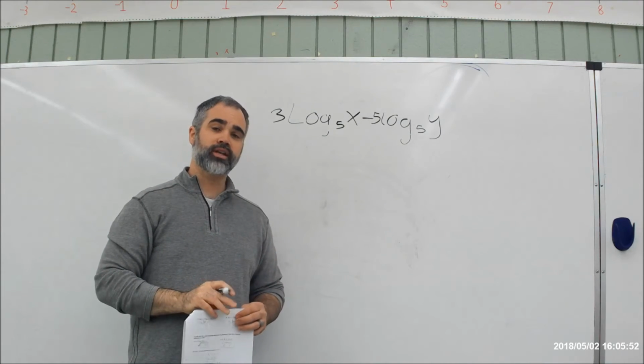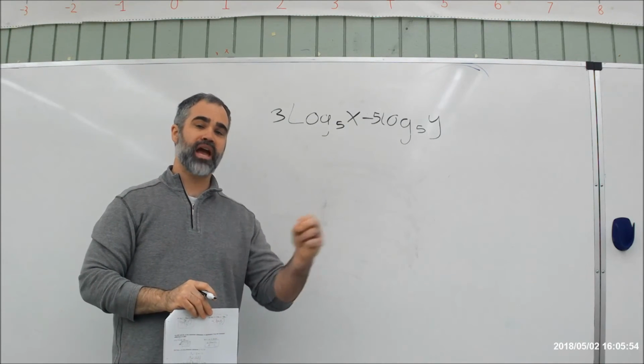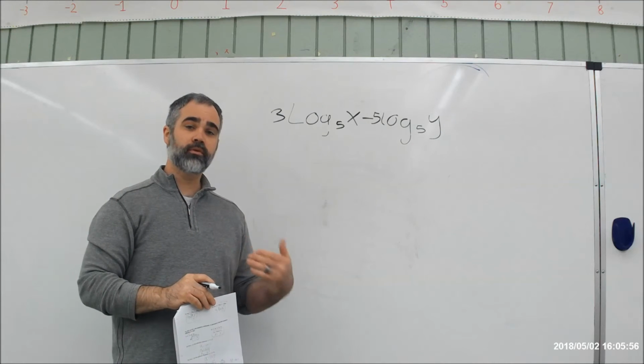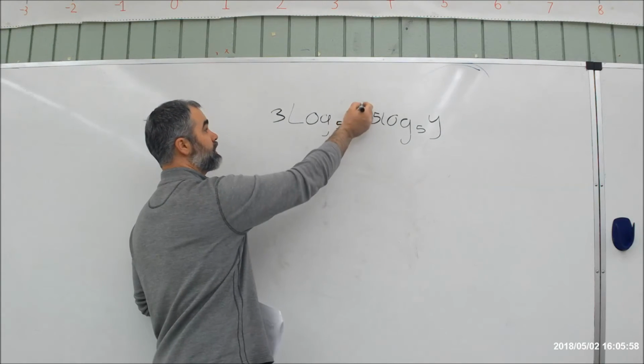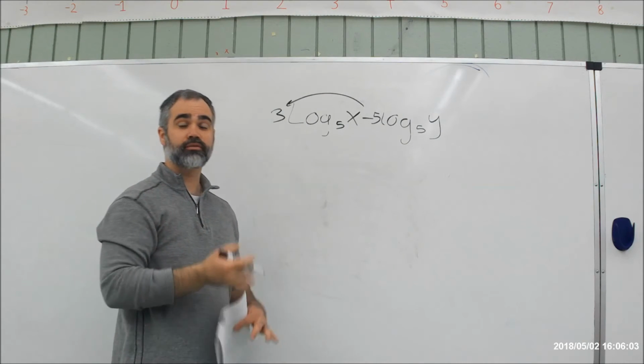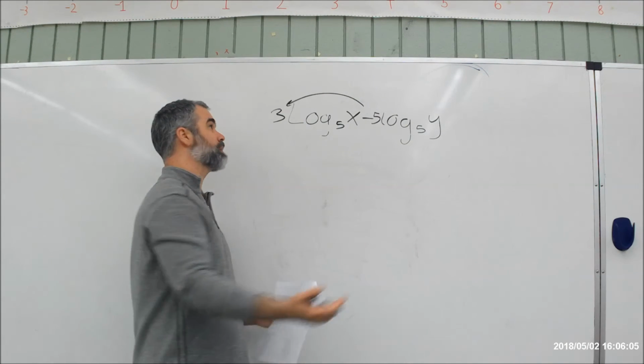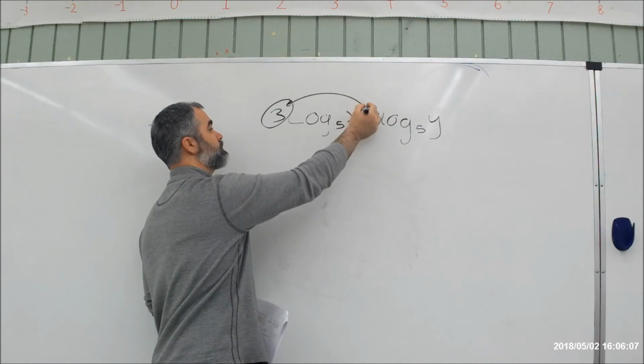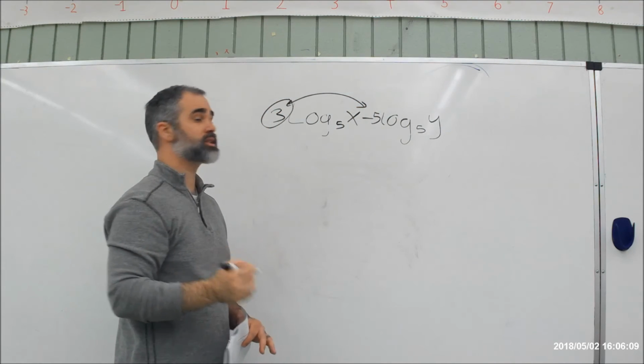So all we need to remember is our last property, the power property. Now what we've done before is we move the exponent from here to there. So what we can do is the opposite if we want to combine them into one log. I'm going to take this one and I'm going to move it up there. I'm going to do the same with this 5.